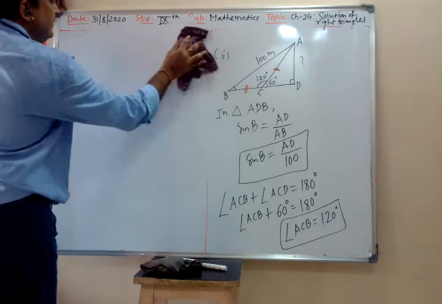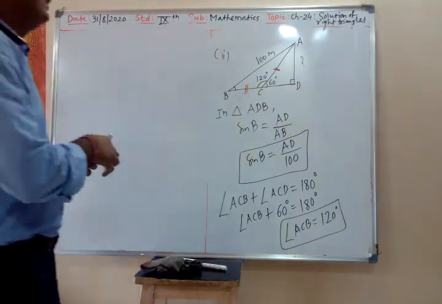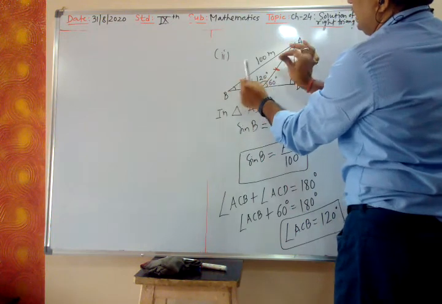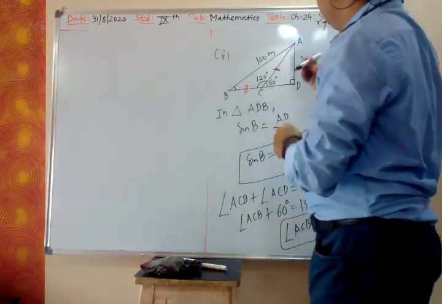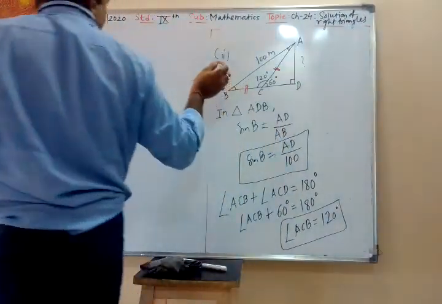Yes or no? See, these two sides are equal, no? These two sides are equal, or you can say by the sum of all the angles of a triangle is 180 degree.